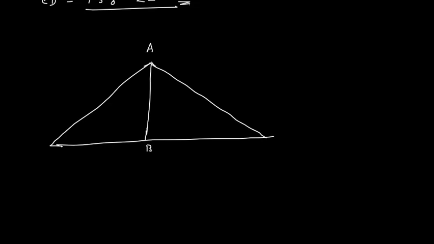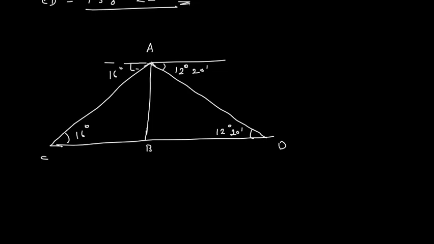So this is AB and this is CD, and on one side the angle of depression is 12 degree 20 minute, and on the other side the angle of depression is 16 degree. So here I will get 16 degree and here I will get 12 degree 20 minute.